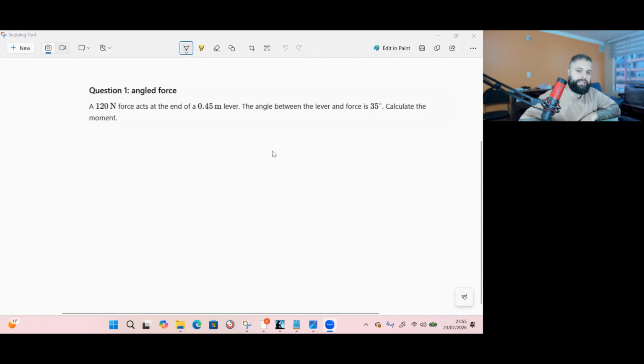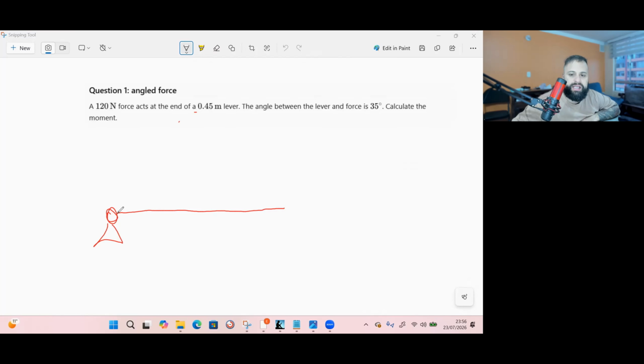So let's look at this question. A 120 newton force acts at the end of a 0.45 meter lever. We've got some type of pivot over there, and we could draw a triangle to symbolize a pivot. This is 0.45 meters, and the force is 120 newtons.